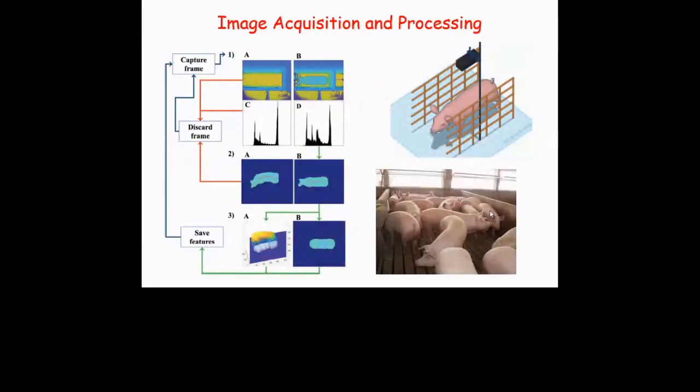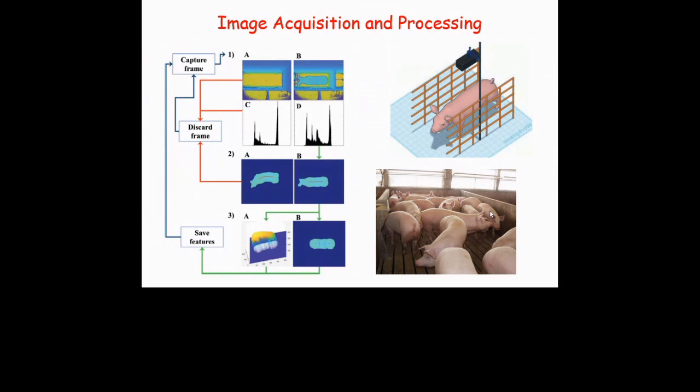So we developed a pipeline that is automatic. You have pictures, you automatically classify pictures where you have an animal or not, and then you need to select those images where animals are in a good body position, like straight body, not touching the wall. So that's a picture that is not good. This is a good one.